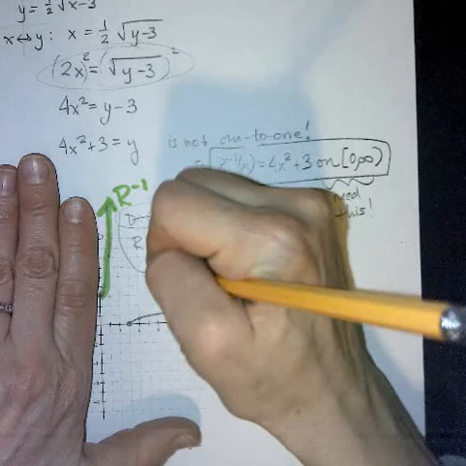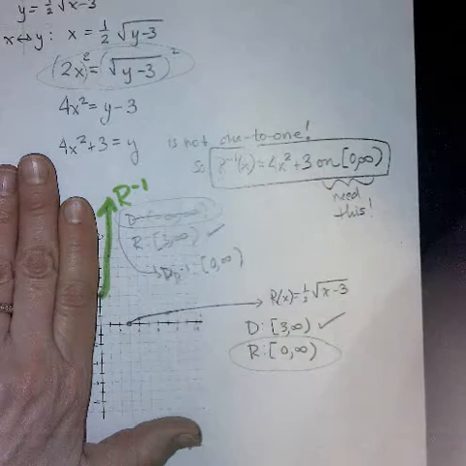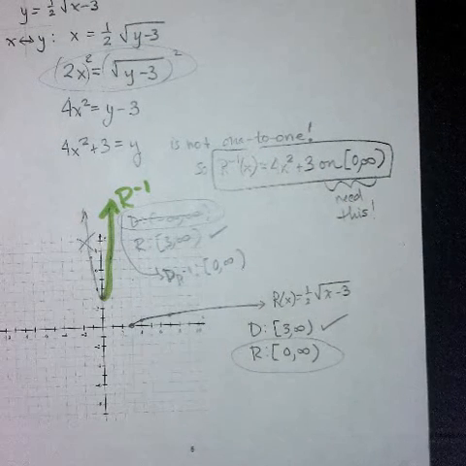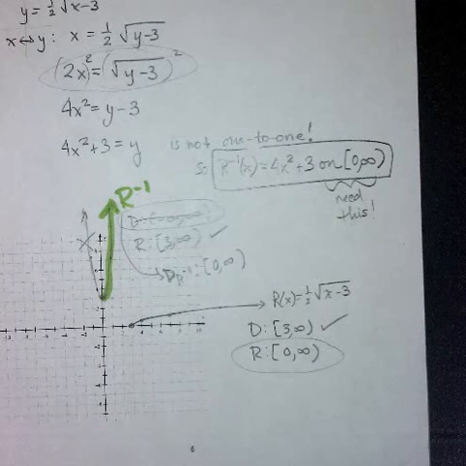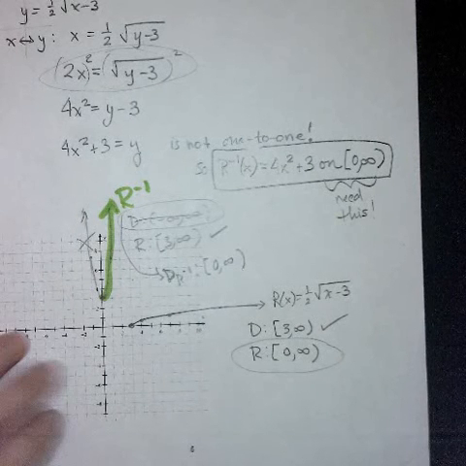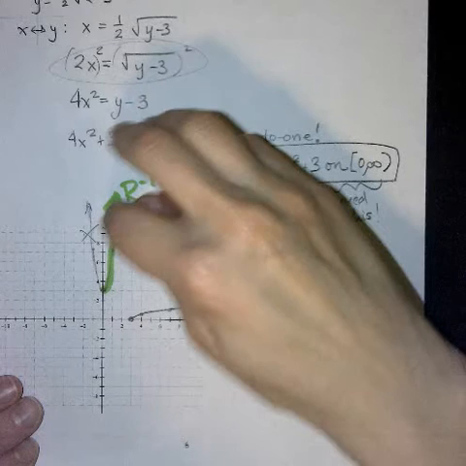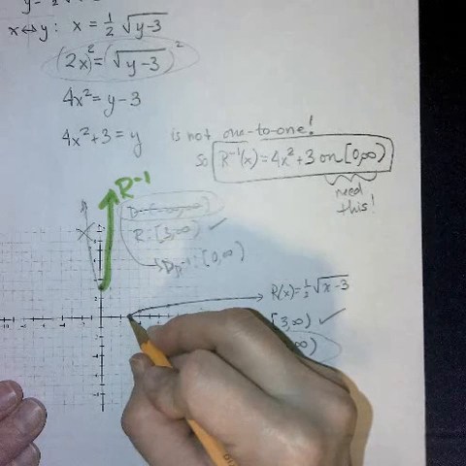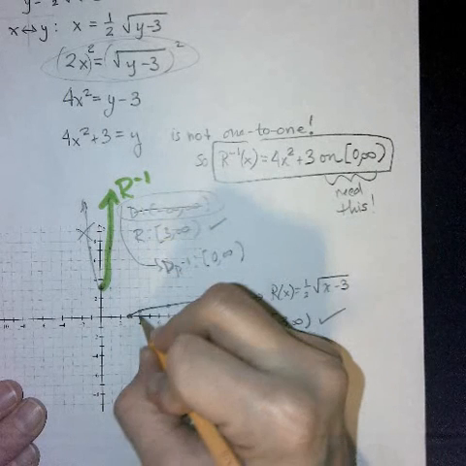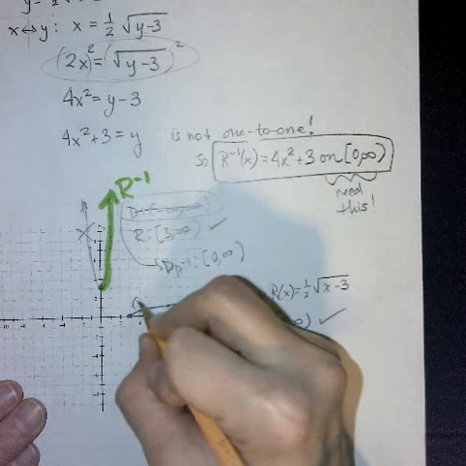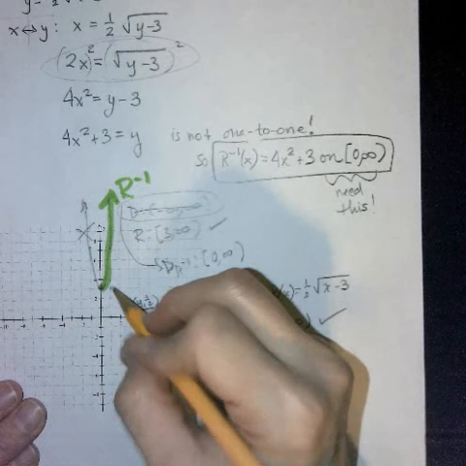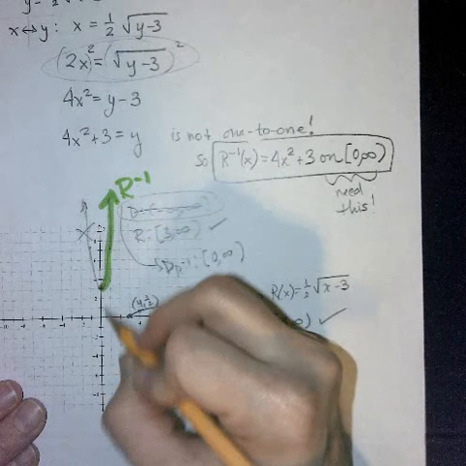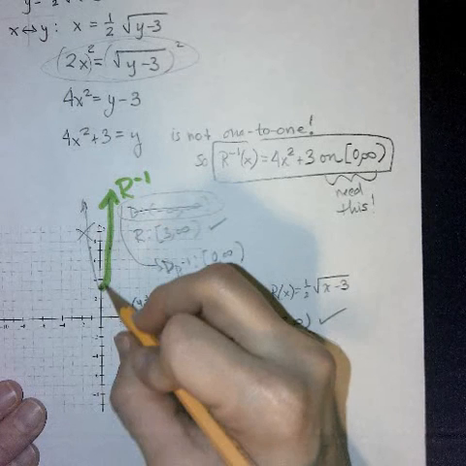Okay? Now the last thing I want you to realize about a function and its inverse is that their graphs, because you're switching all of the ordered pairs, notice this is 3, 0, this is 0, 3. This had 4, 1/2, and this one has 1/2, 4. This had 7, 1.